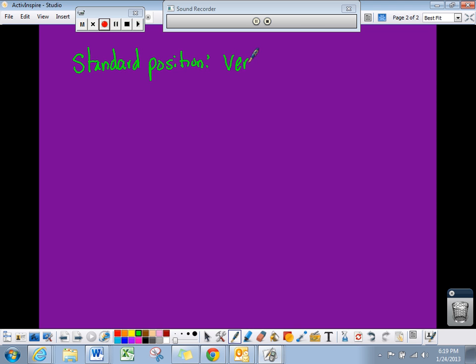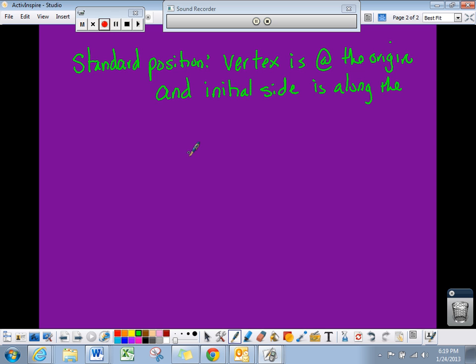So basically the vertex is at the origin and your initial side is along the x-axis. Okay, that's our standard position.